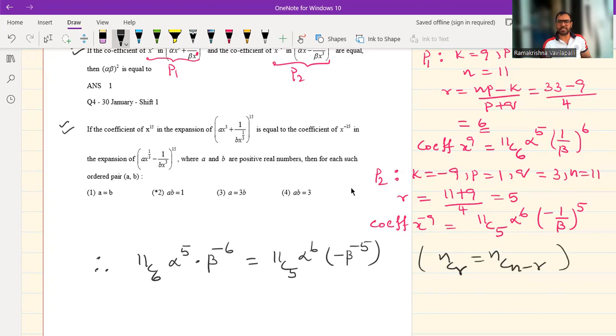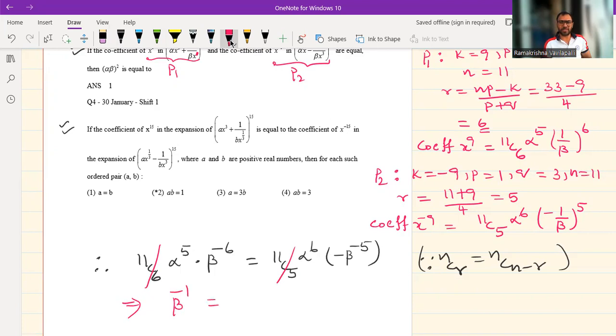Using this concept, 11C6 is the same as 11C5, so we can cancel these two. Here you see alpha power 5 will be cancelled and beta power minus 5 is cancelled. Here one beta power minus 1 is left.